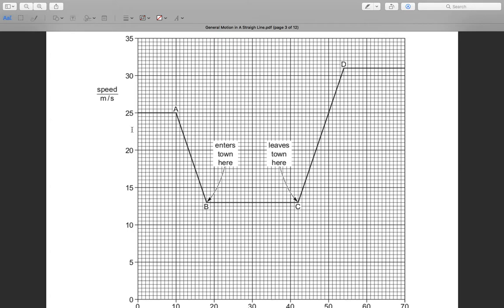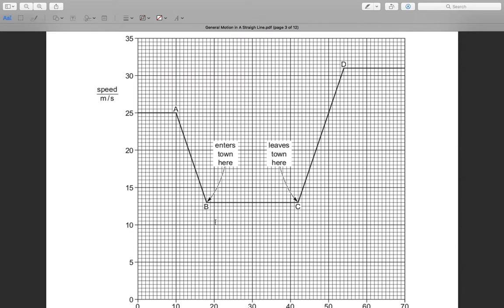It starts from constant velocity of 25 meters per second until point A, and then goes down as it decelerates until point B, and then B has constant speed to C. This is where it enters the town, at point B, and after C it lifts down here.